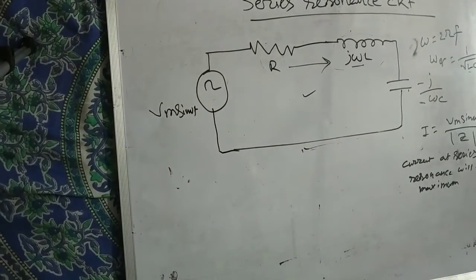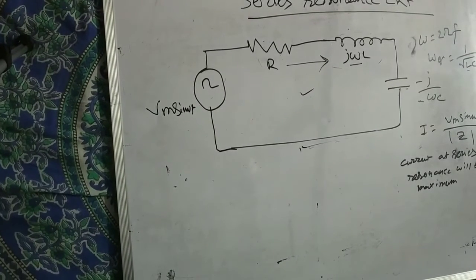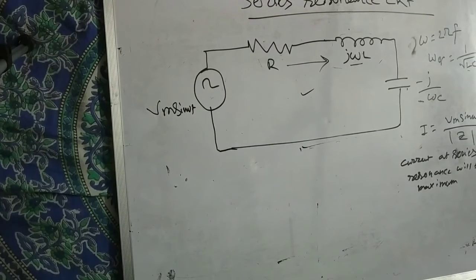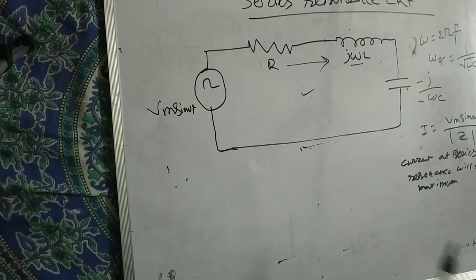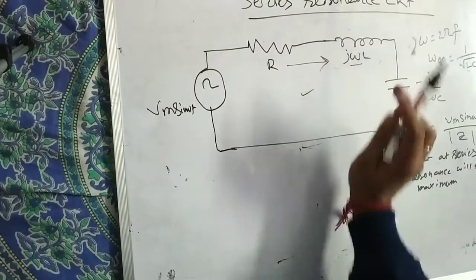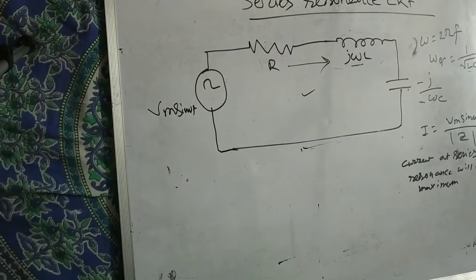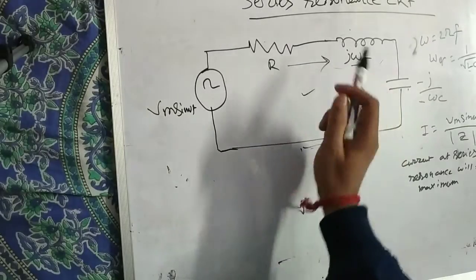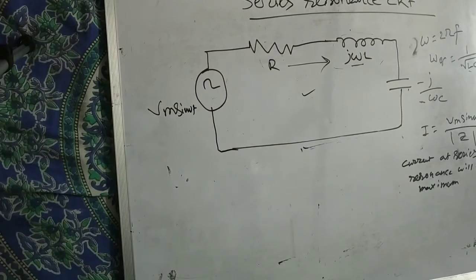What actually happens in a resonance circuit if we want to discuss it more? At resonance condition, we all know the inductor will always absorb reactive power, and the capacitor will supply reactive power.